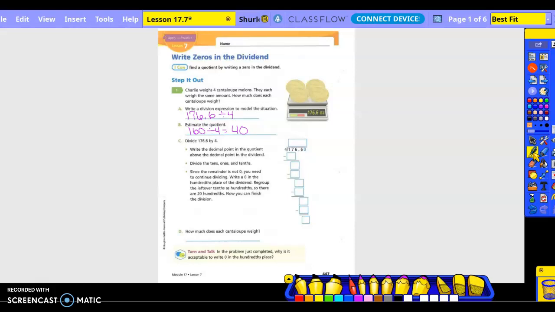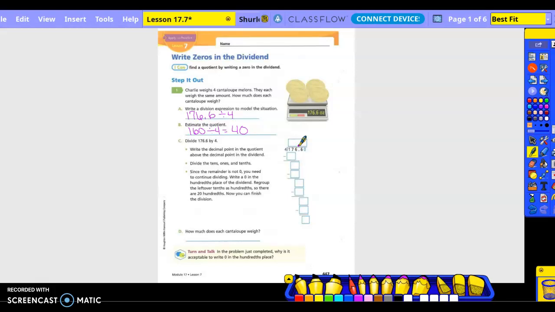And then they say, write the decimal point in the quotient. So basically, do we have a decimal in the divisor? No. So we can just go ahead and bring the decimal straight up, right?